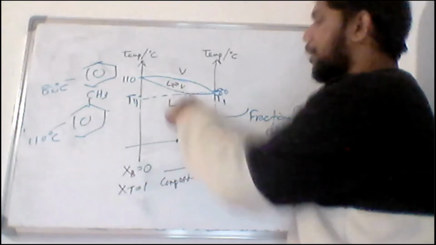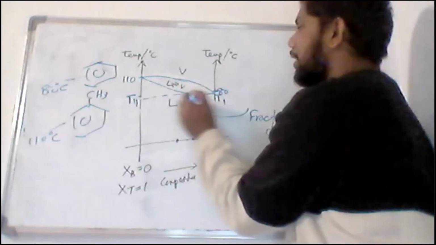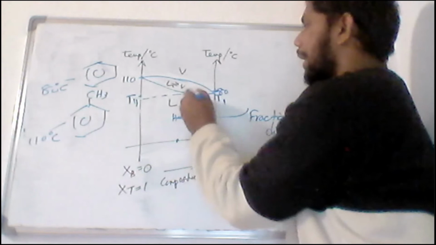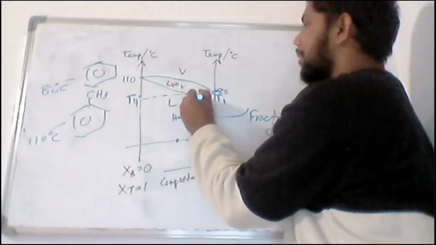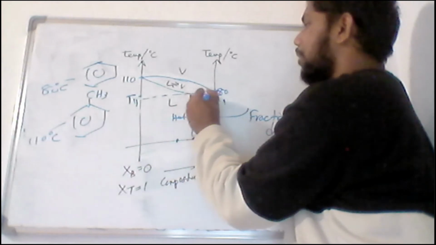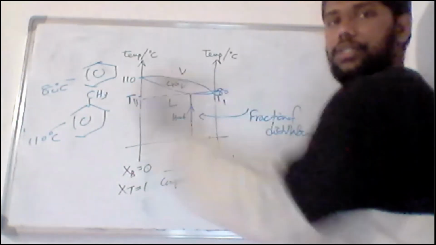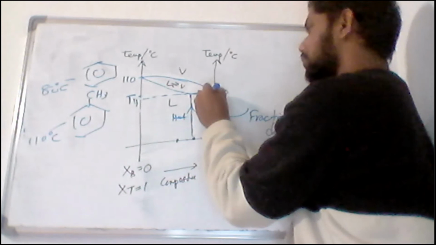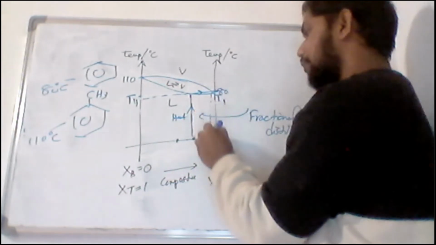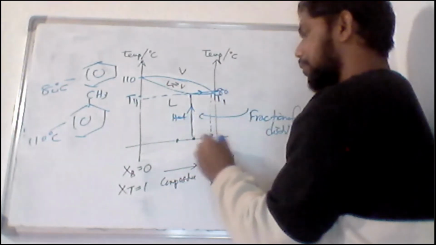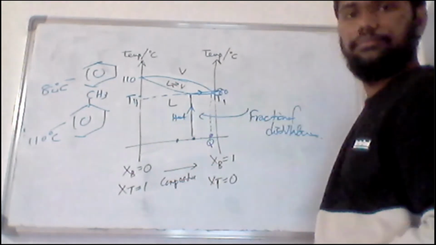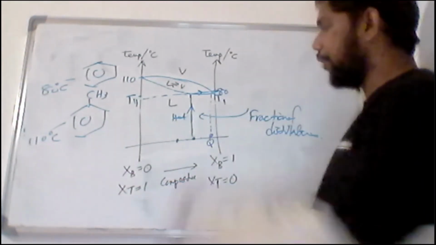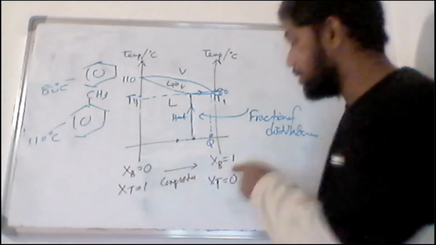There will be a liquid composition like this initially, then you heat it, and it will be vaporized through the liquid vapor equilibrium in this direction horizontally, and then you cool down and you will have the vapor composition Q here. This will be your Q, where you have more benzene.